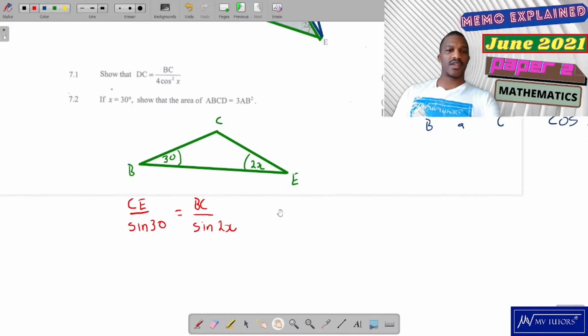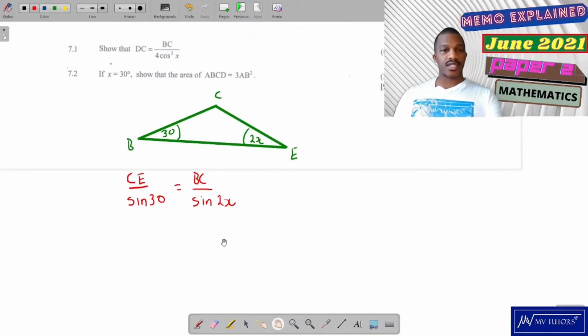All that's left for us to do now is some mathematical gymnastics. So CE is therefore equal to BC sine 30 divided by sine 2x.